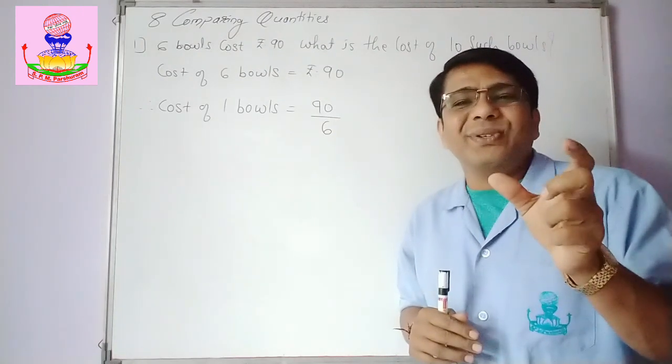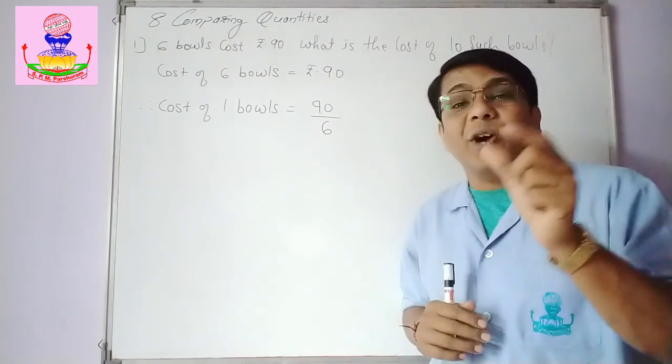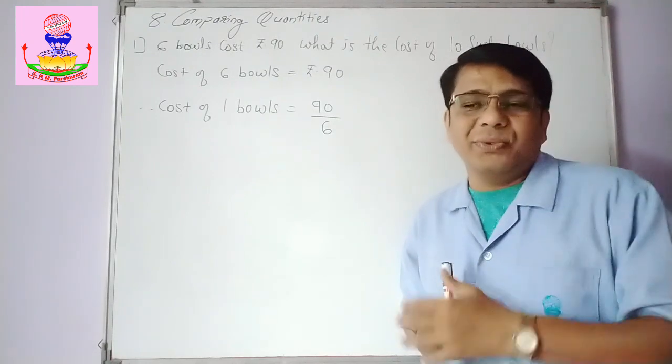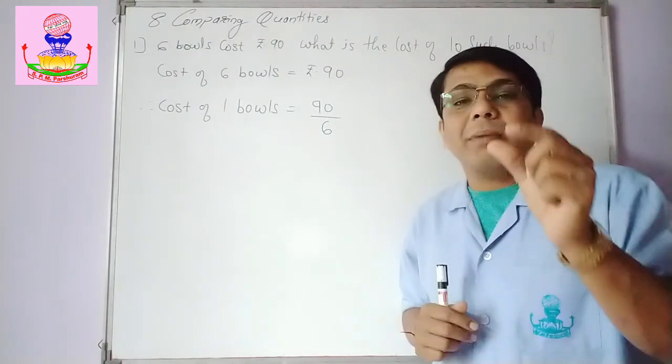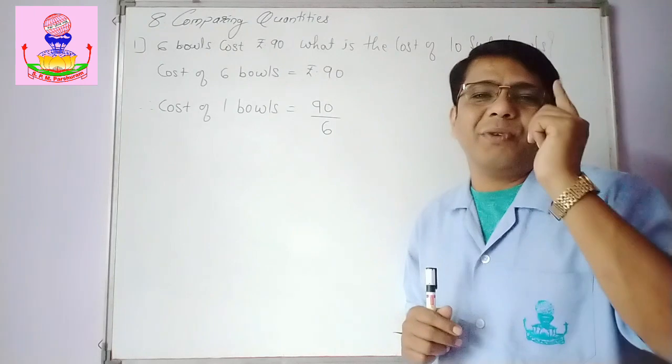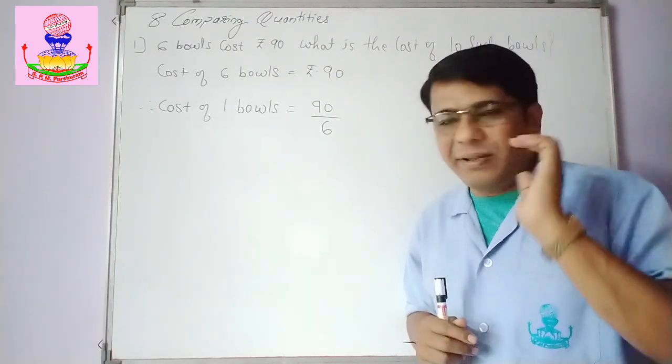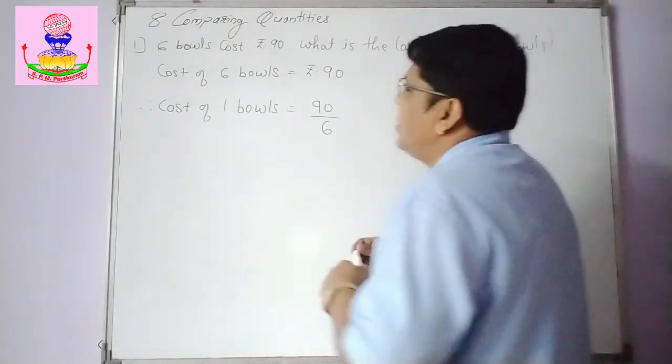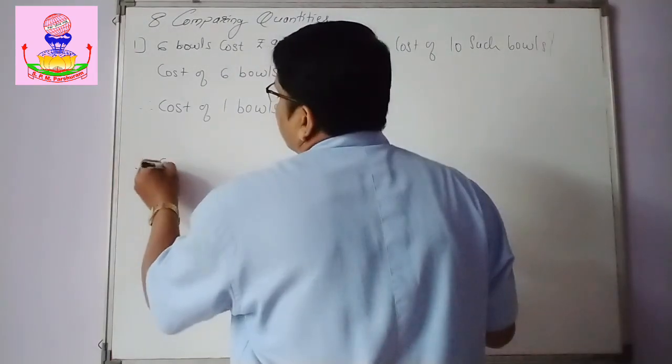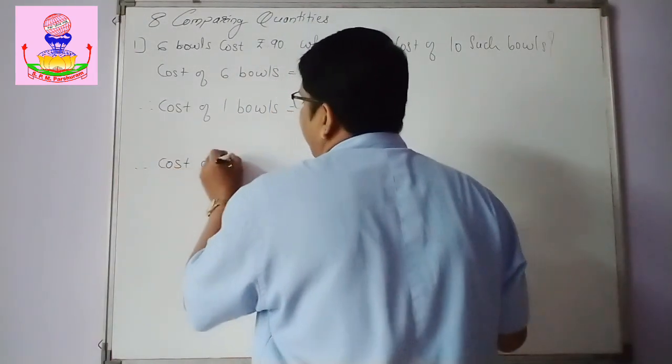These are unit values. Per means each, for one. Do you get it?